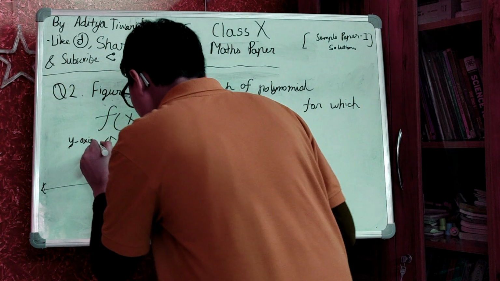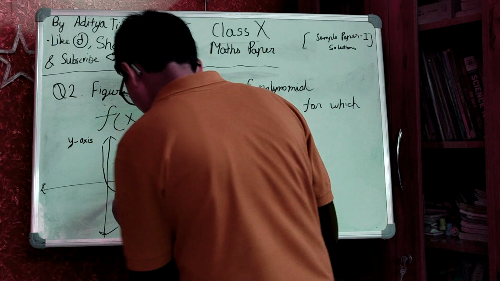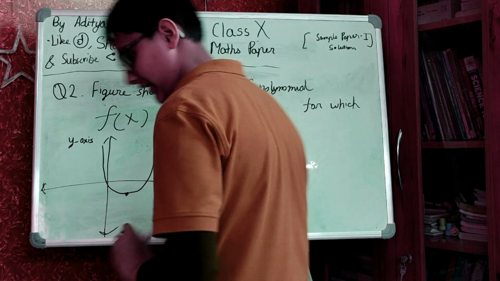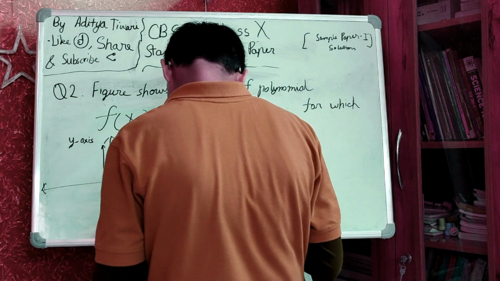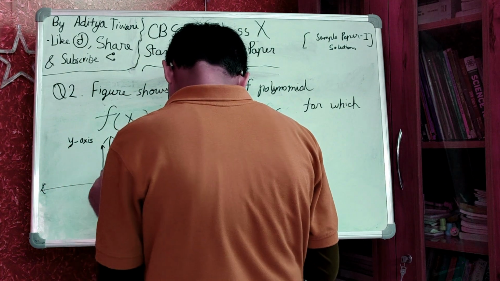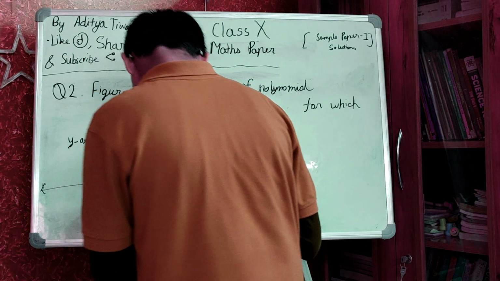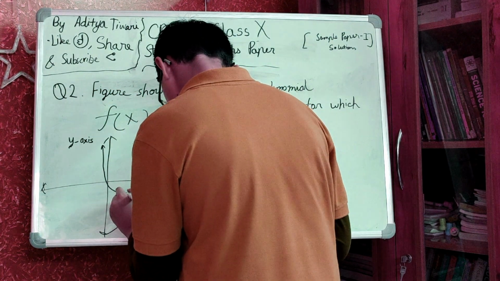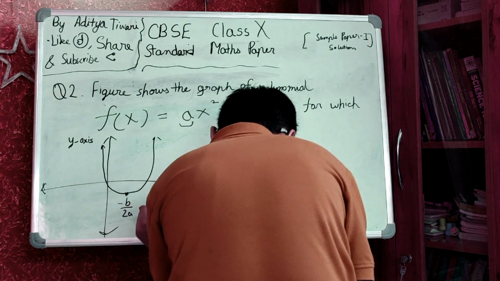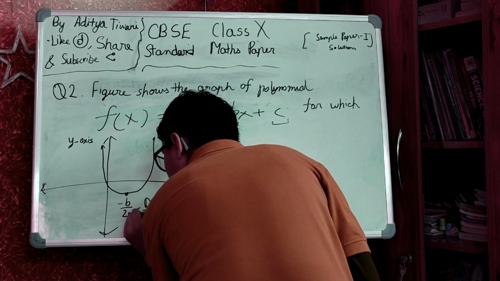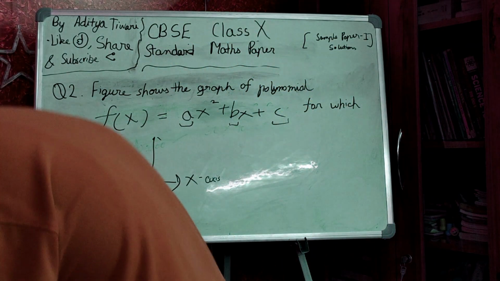Okay, so this was here. I'm just drawing the graph they have given, joining at a higher point of y, and they have given the coordinates of the origin.